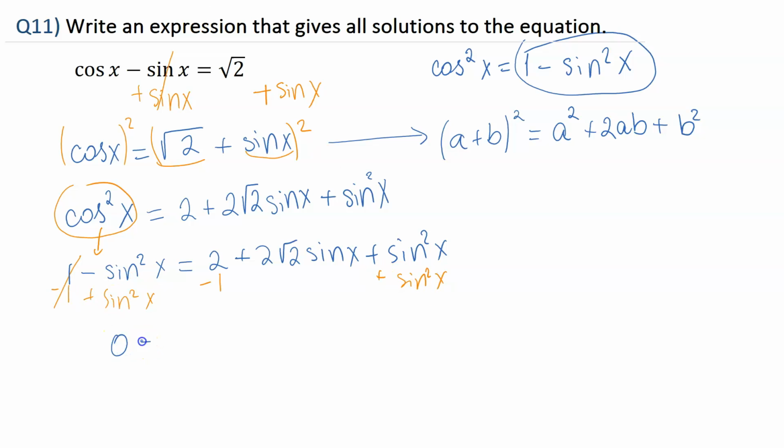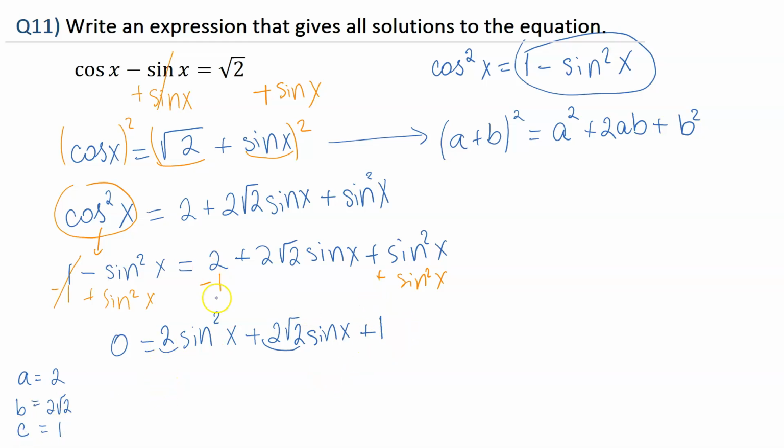Now we have 0 on the left, and on the right, I'm going to arrange the terms in decreasing order: 2 sine square x plus 2 radical 2 sine x plus 1. Now our equation is in the form of a quadratic equation with coefficients a equal 2, b equal 2 times radical 2, and coefficient c is equal 1.